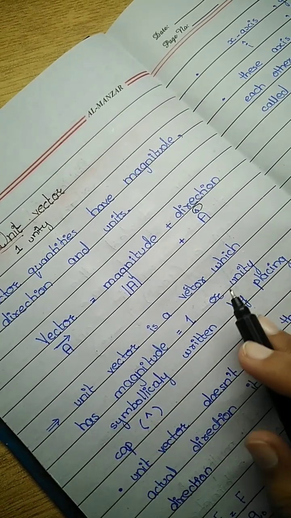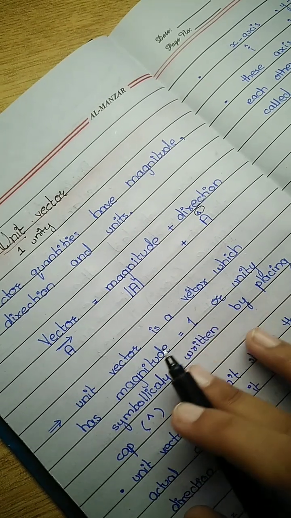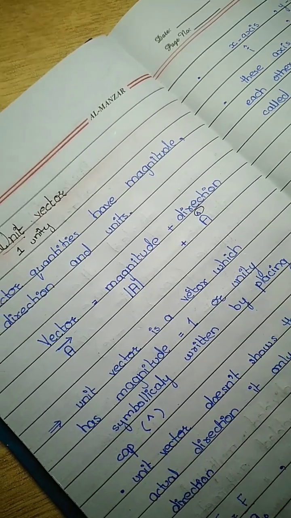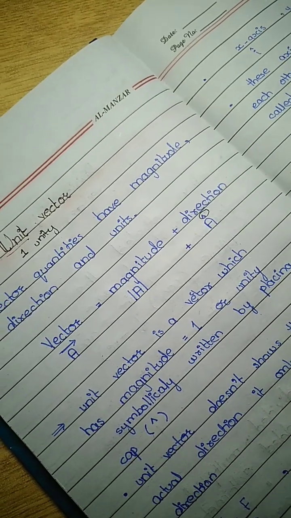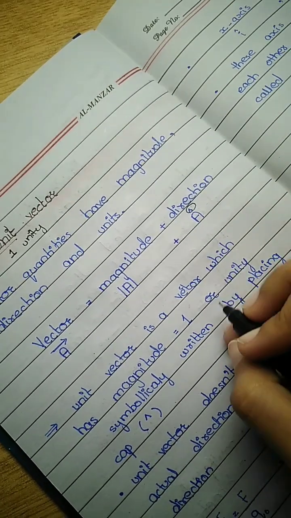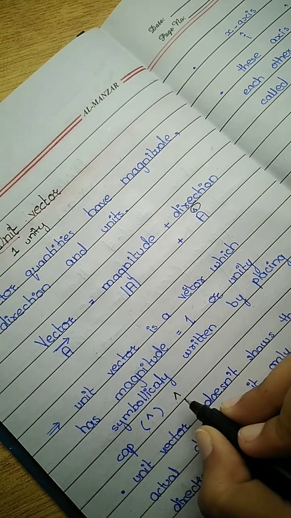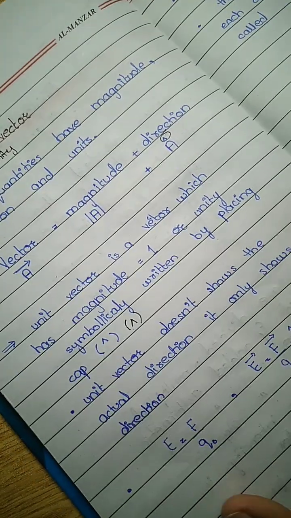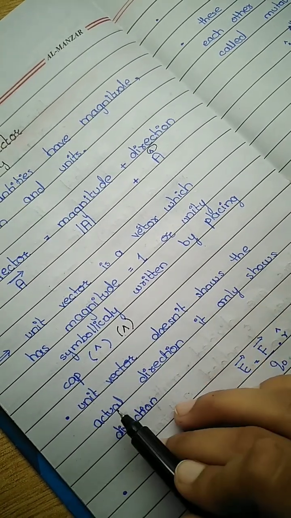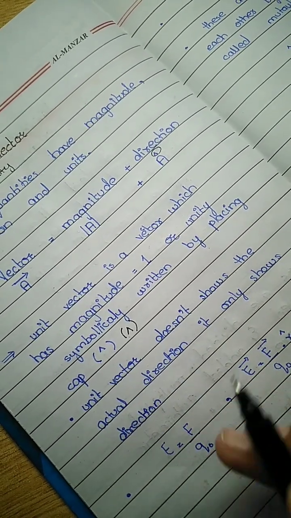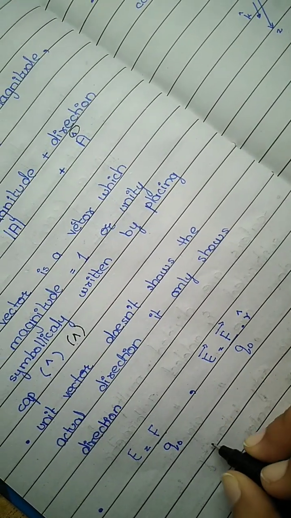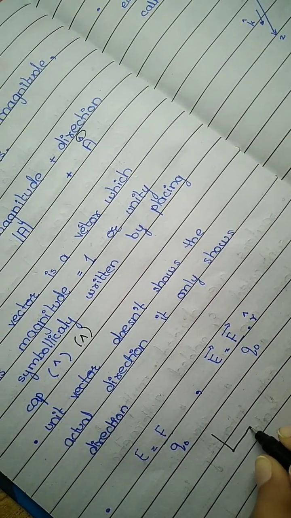So any quantity or any vector which has magnitude 1 is written by placing a cap on it. It is the symbol of the unit vector that is used to denote the unity of the vector or quantity. A unit vector does not show the actual magnitude, it only shows the direction.